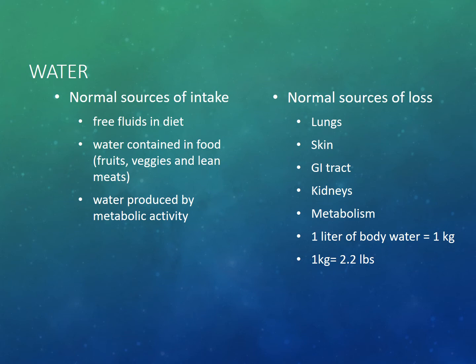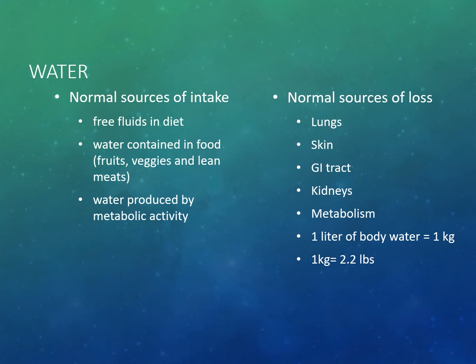And then last but not least, you've got the water produced by metabolic activity, most especially when you think about glucose metabolism. I know this is hard, and I know it hurts, but if you think back to anatomy and phys, you learned about glycolysis that takes place in the cytoplasm of the cell, and that turns glucose into 2 pyruvic acid or pyruvates.